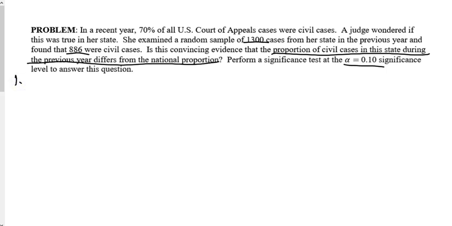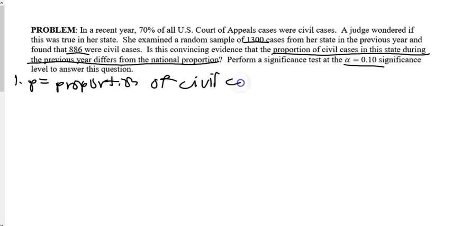Okay, so number one, p, it tells us, p is equal to the proportion of civil cases in the state during the previous year that differs from the national proportion.